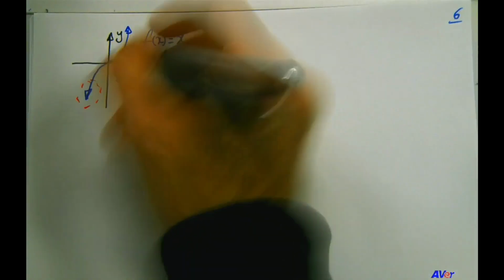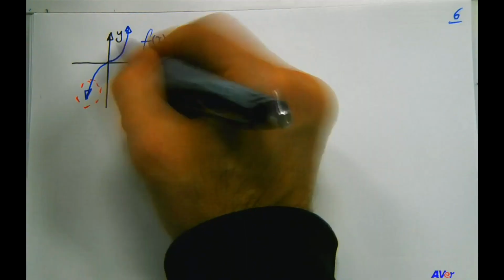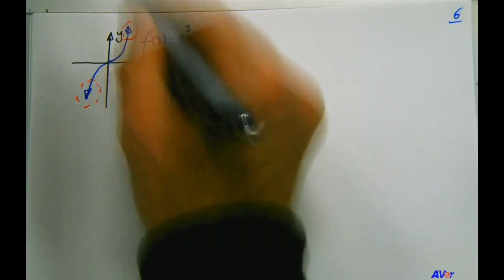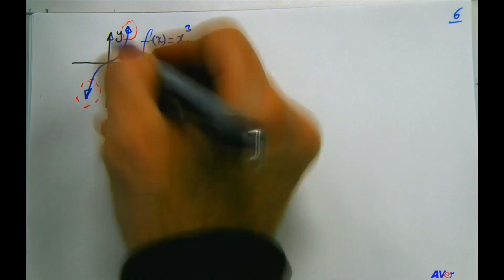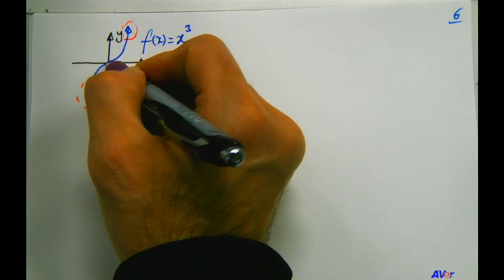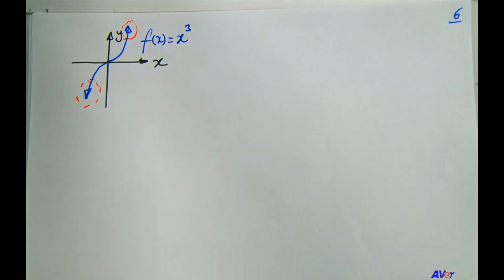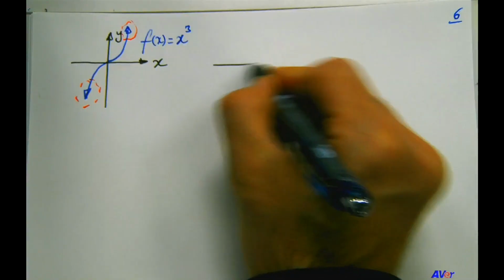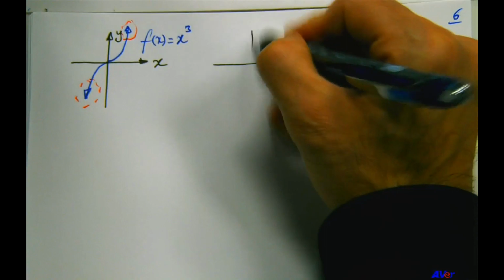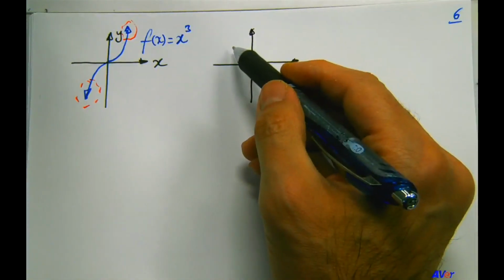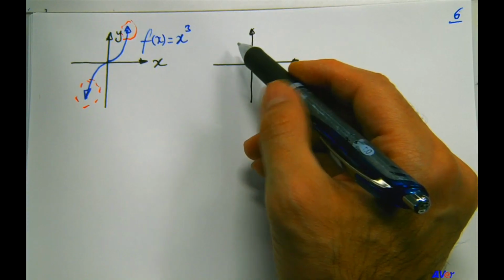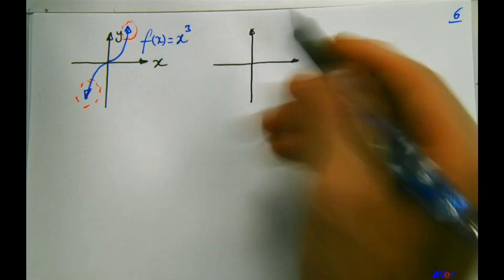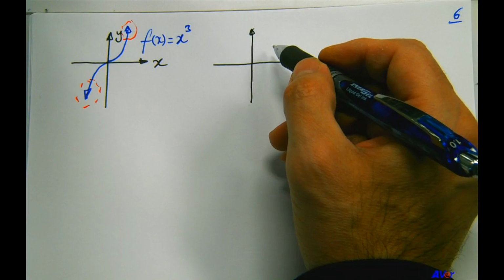Notice the end behavior. One is pointing down, the other one is pointing up that way, right? And the whole thing is going through the origin. What happens if we look at the graph of another function that has a power, say x to the 7th power, and we keep the coefficient positive?